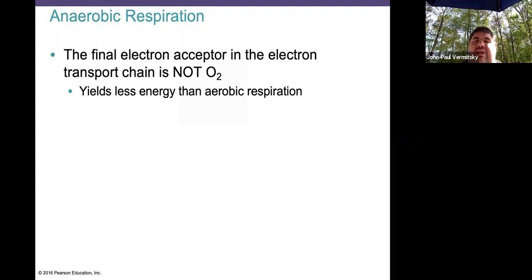It does yield less energy than aerobic respiration for the main reason that any NADH or FADH that you produce cannot go to the electron transport chain. Why? Because the electron transport chain is shut down without oxygen.